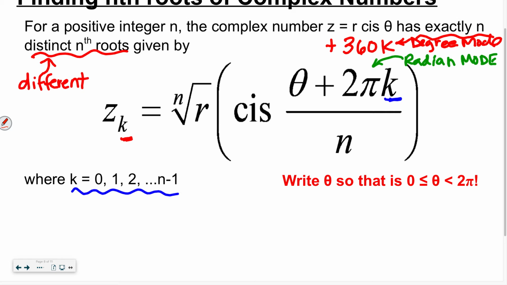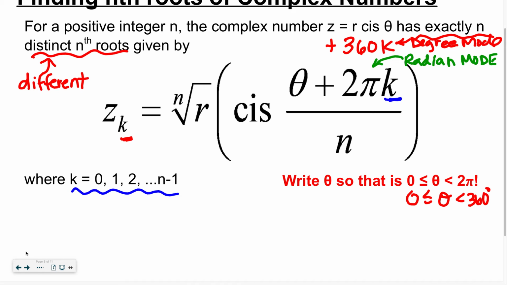So that might be helpful. Of course, that will change it down here. Instead of between 0 and 2 pi, you should then be between 0 and 360 again. Now, the version on the test will have the 2 pi k. So that would be on you to remember if you want to do the angle in degrees, that you change it to degrees plus 360k.